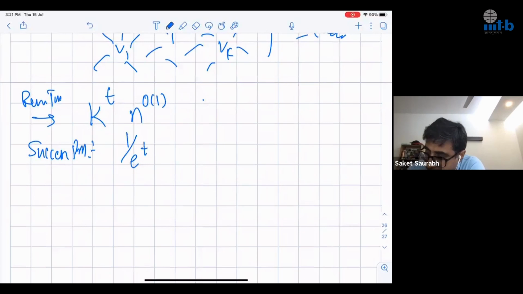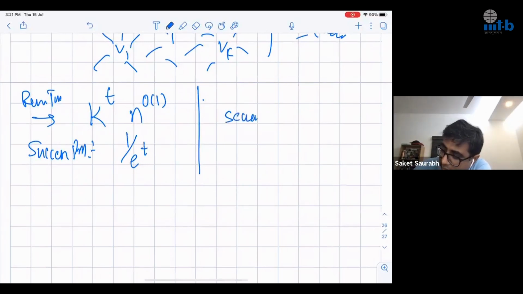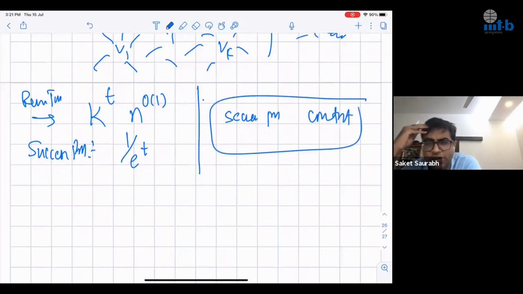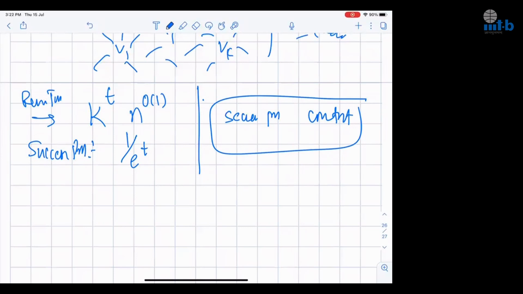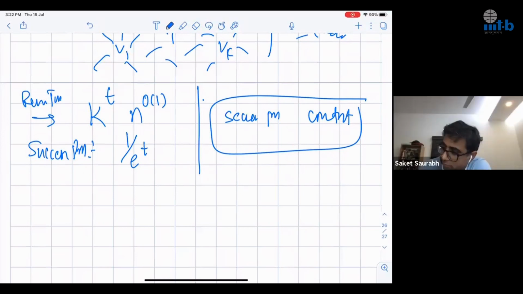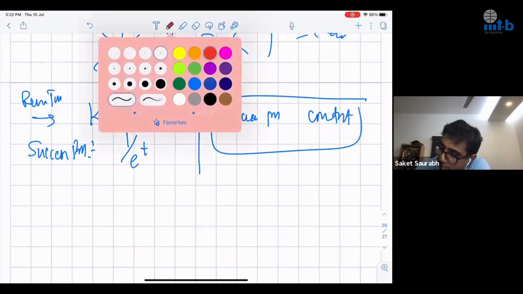What can I do to make the success probability constant? Do you know any trick to make a constant success probability? Can you boost this success probability to constant? Anybody? Repeat this e to the power t times. Yeah, there's a suggestion.